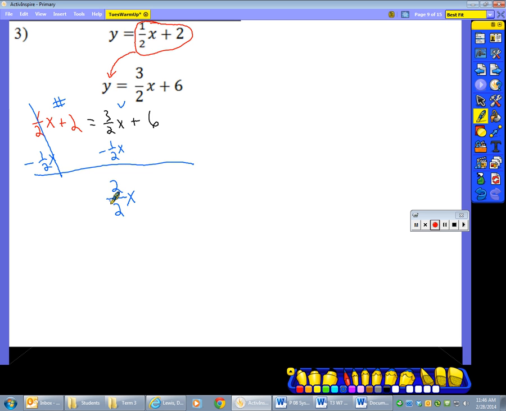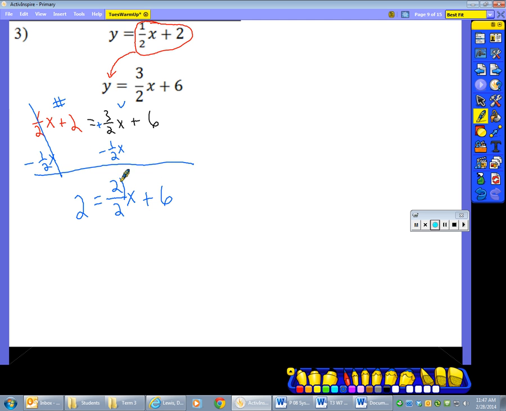Alright, and so now you need to determine if this is a positive 2/2x or a negative 2/2x, and you have to think back to 7th grade. You go with whatever you have the most of. So here I had 3/2 positive, and I only had 1/2 negative. So I've got more positive. So this is going to stay a positive. So I'm not even going to put a positive sign there because I don't have to put it there. It's just positive. So now I'm going to bring down my 2 from up here, and then my plus 6.